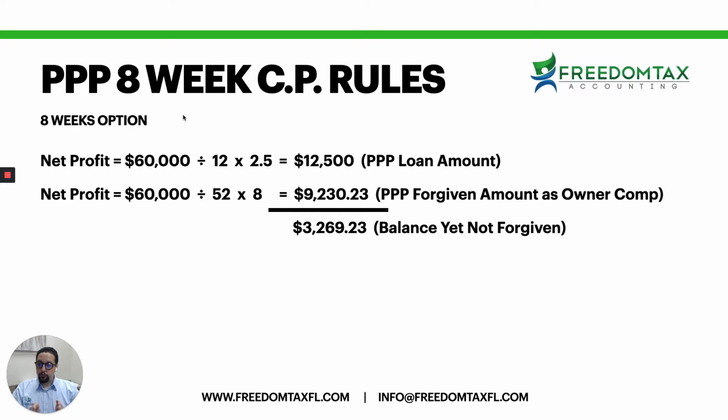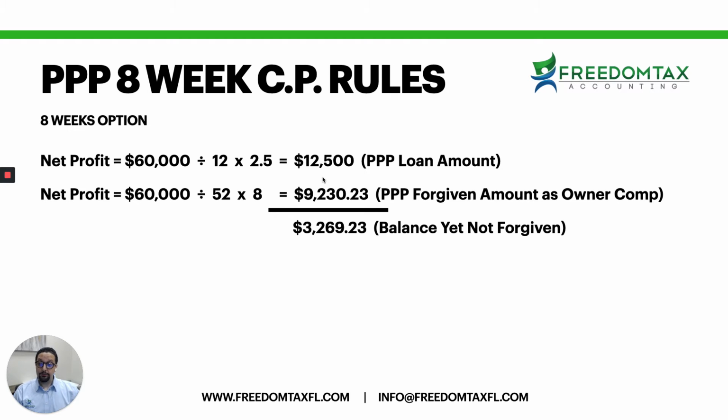Under the 8-week covered period rules, for the PPP loan amount, this was the formula: you took your net profit from line 31 of your Schedule C. For this example, line 31 of the Schedule C said $60,000 net profit. You divide by 12 and then multiply by 2.5. So $12,500 was your PPP loan amount.